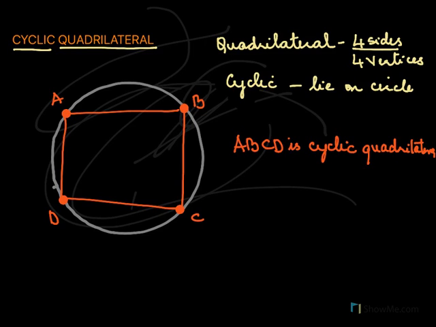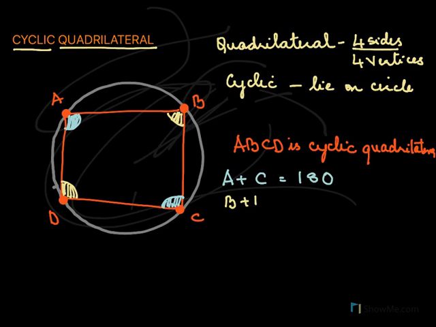Now, the property of cyclic quadrilateral is the opposite angles. So we have angle A and angle C are opposite angles. And if you add them up together, angle A plus C will always be 180. And at the other end, if you take angle B plus angle D, it will also be 180.